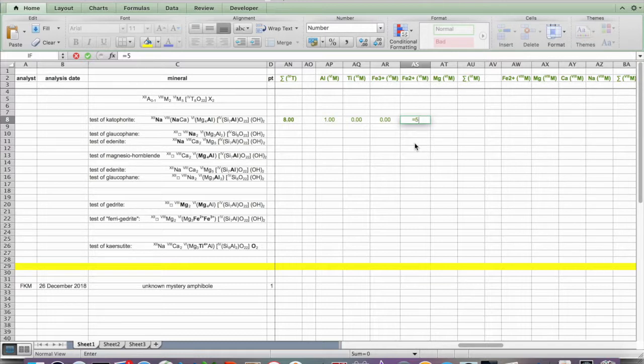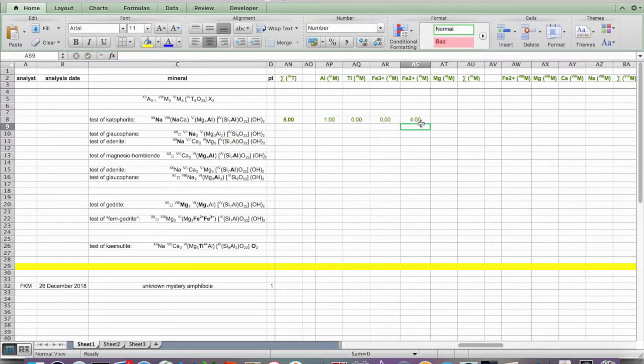And then we are going to subtract out the things that absolutely already have to be in the site. And the things that already have to be in the site are the 3 things that we've already put in there. And so it's going to be aluminum, and titanium, and iron 3+, okay? So those are the absolute things that have to be in there, okay? And I will hit return, and okay.